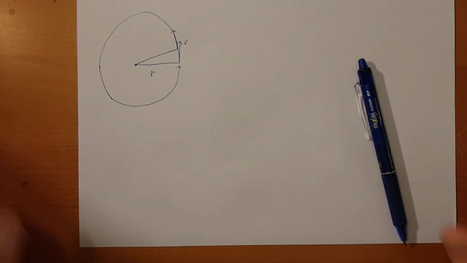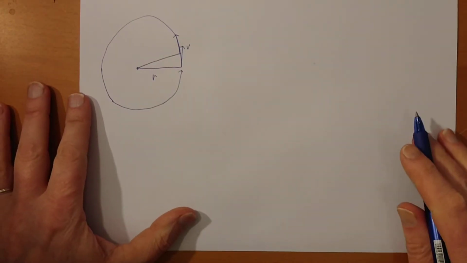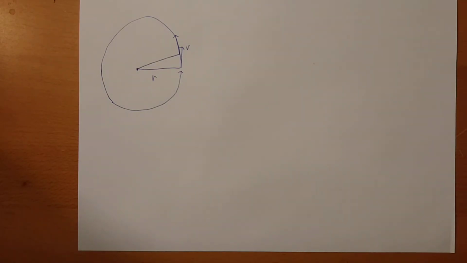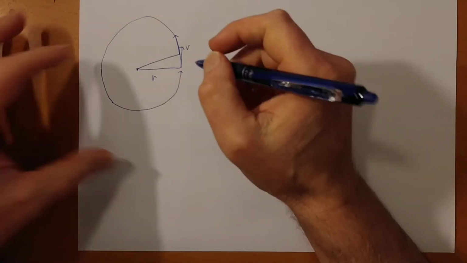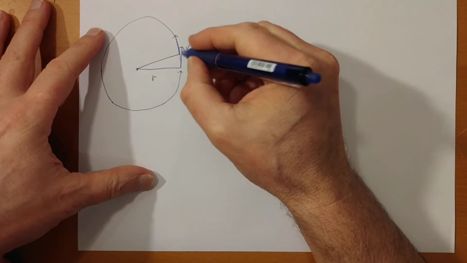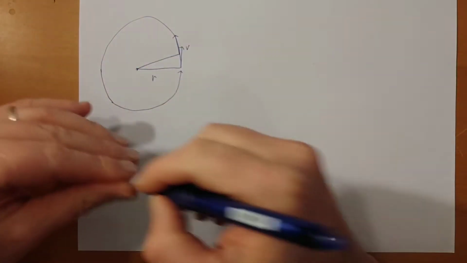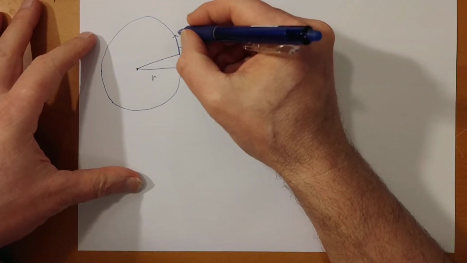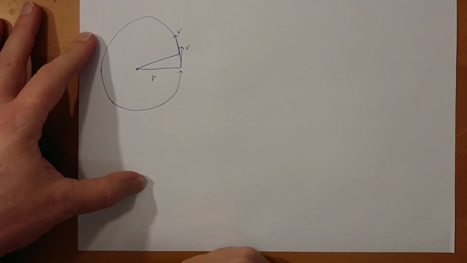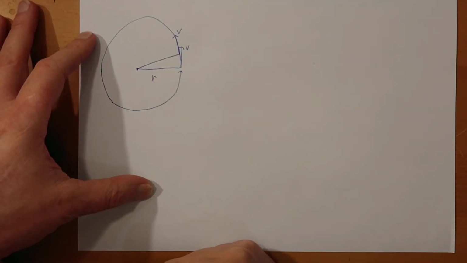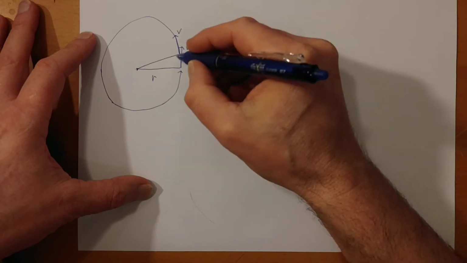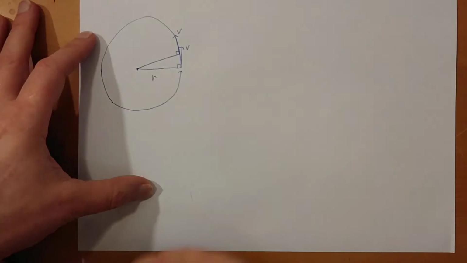Okay, back to the centripetal forces. So we still have the same speed, but a different velocity. These are 90 degrees, right?